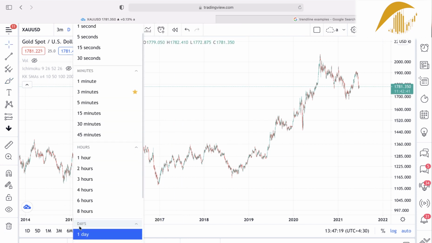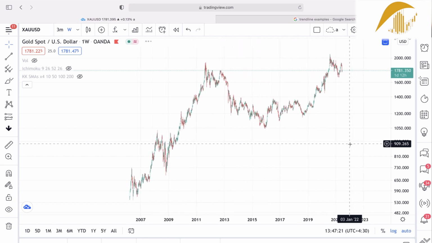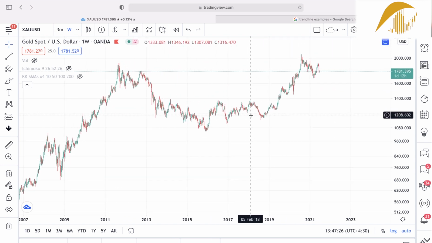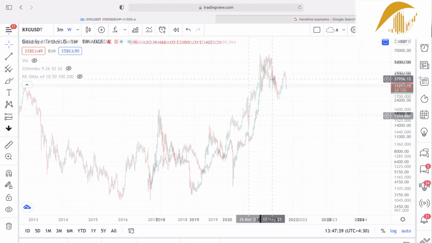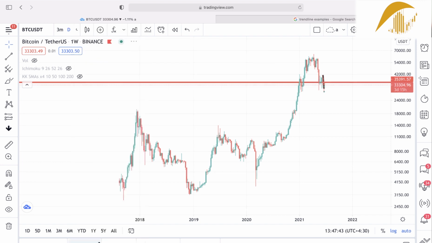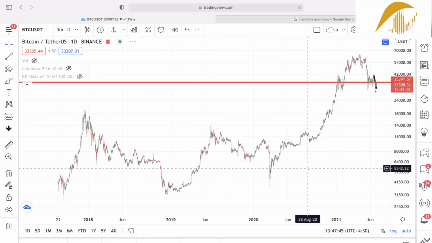So let me find another perfect trend line. I think we have talked about most of the signals that trend lines can give you. I have found a perfect, really perfect and lovely example here.